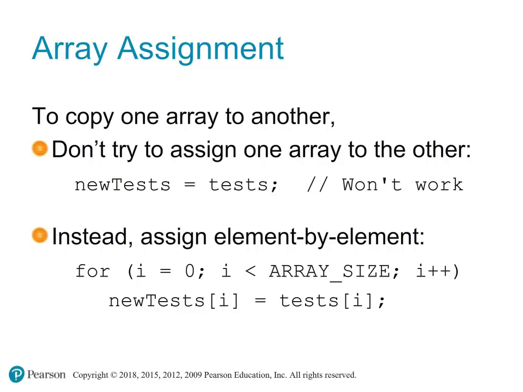The correct way to copy an array in C++ is to do it element by element using a loop. This makes sure that each value is individually copied from the source array to the destination array. You will loop through each index from 0 to array size minus 1 and assign each element from the source array tests[i] to the corresponding element in the destination array newTests[i].